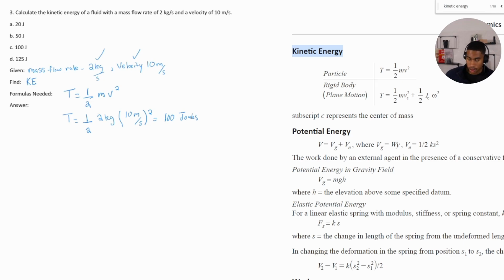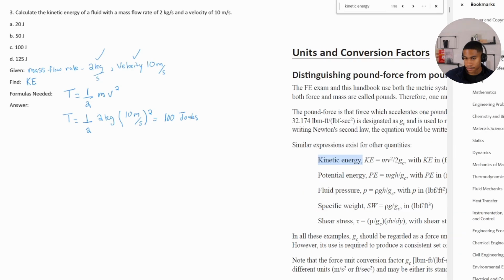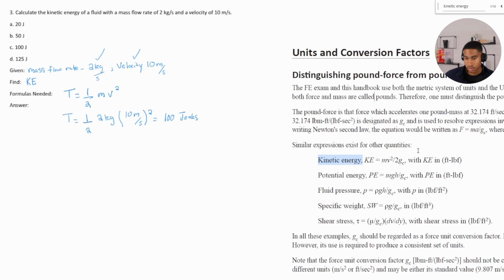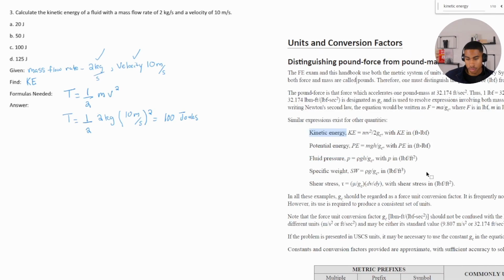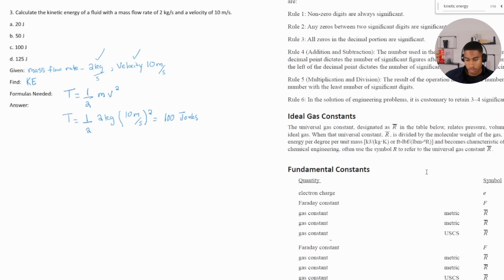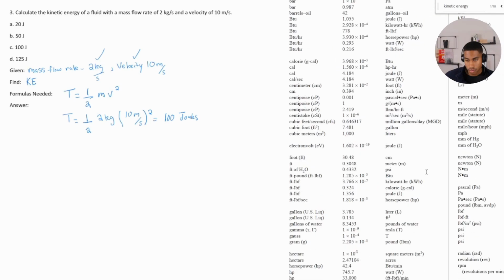And how do we know it's in joules? So let's go to our unit conversions. What is a joule?